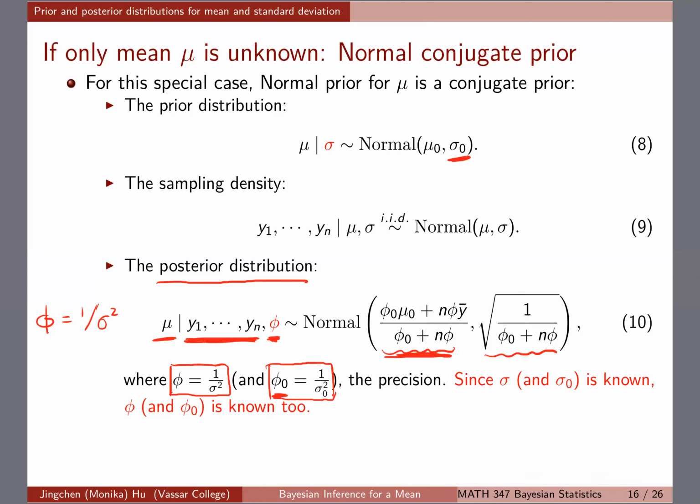Okay? So suppose we take what's written in equation 10 for now, that this is the posterior distribution. That means if I start with this prior and combine with my data, I'm going to come to a normal posterior distribution for mu that I can start making inference about. Right? So remember, in the previous unit we talked about the beta conjugate prior for the binomial likelihood, and then we come to another beta distribution, and all of the exercises that we did last time were about, well, I know exactly what the posterior distribution is.